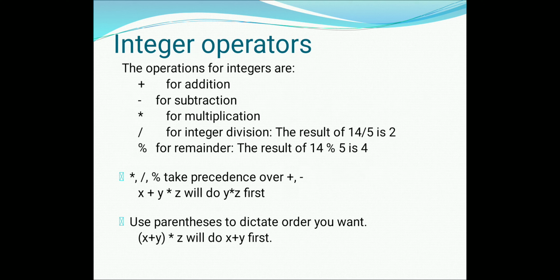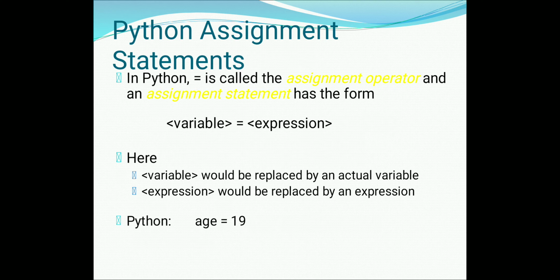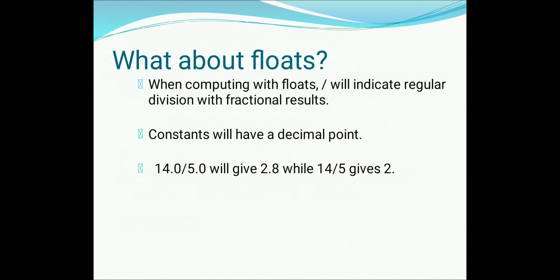The operators for integers are addition, subtraction, multiplication, divide, and remainder operators. Python assignment statement. In Python, equal is called the assignment operator, and an assignment has the form variable equals expression.